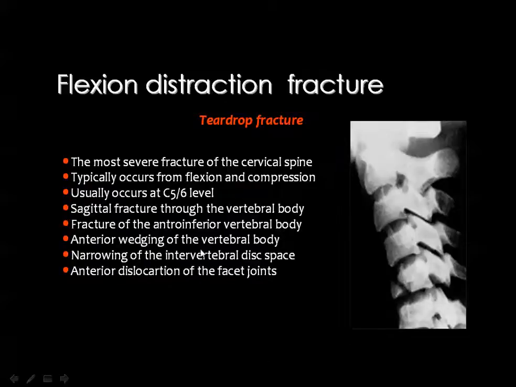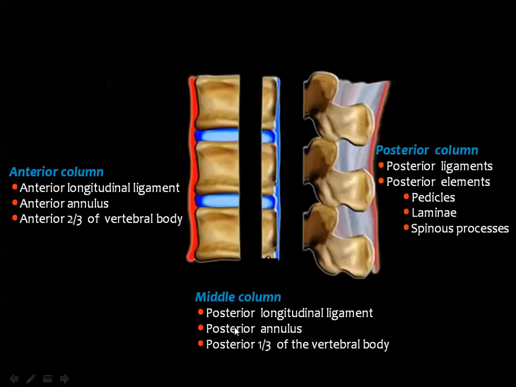There is also anterior wedging of the vertebral body with narrowing of the related disc space. This fracture is, as I have said, very severe, and it may result in dislocation of the facet joints, as I will explain after that.